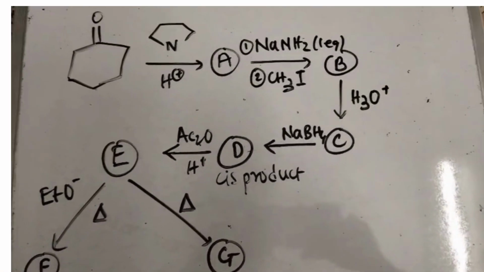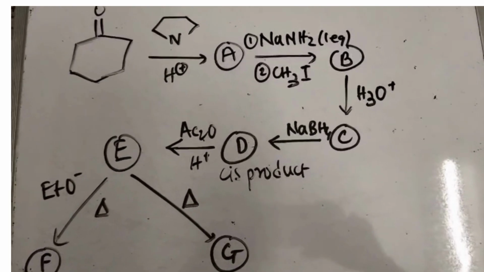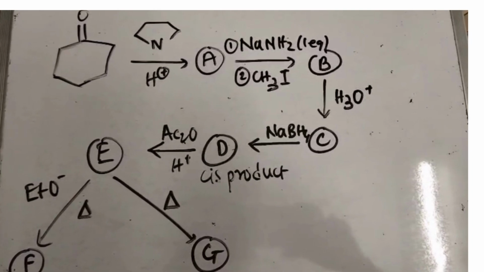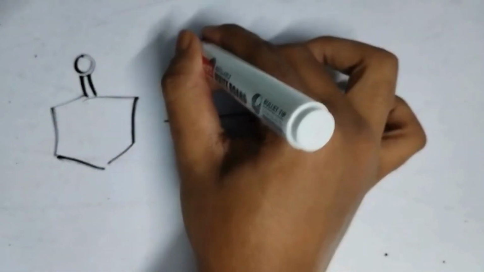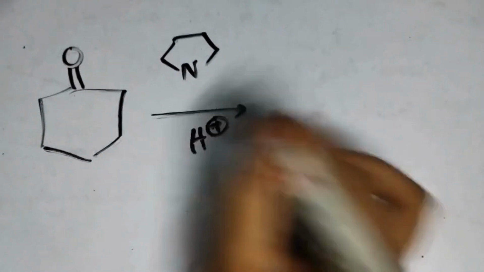So we have been given cyclohexanone, and the reaction proceeds. To proceed with the solution, we have been given cyclohexanone as the starting substrate, and it is reacted with something like this in the presence of an acid catalyst.